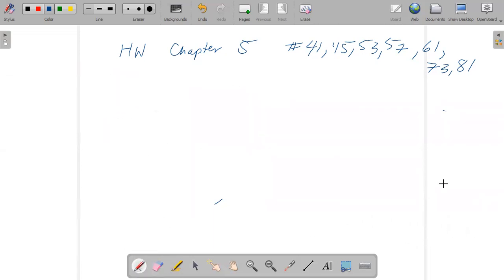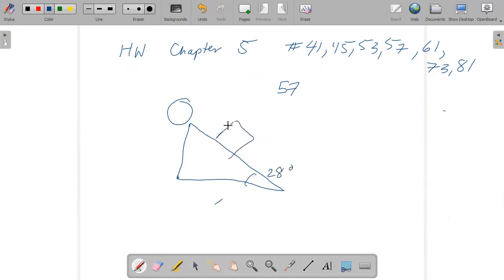57. You've got an incline of 28 degrees. You've got this guy and this guy, and two blocks are connected over a massless frictionless pulley.